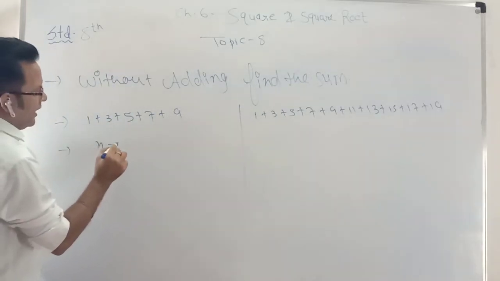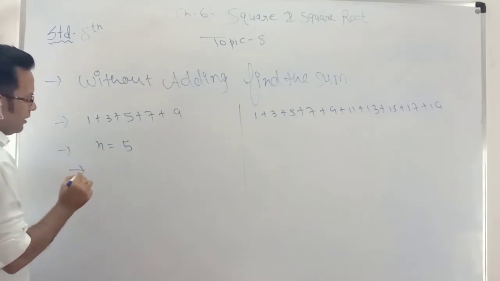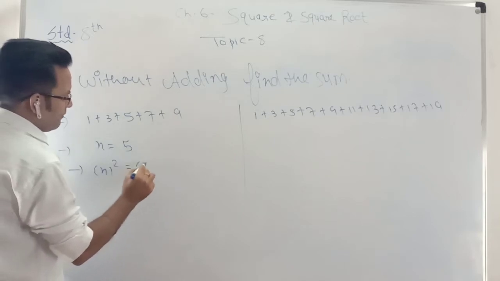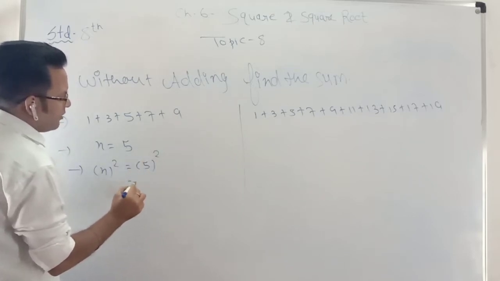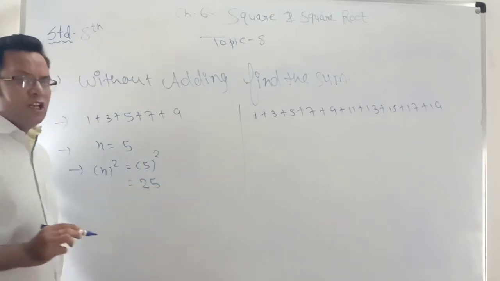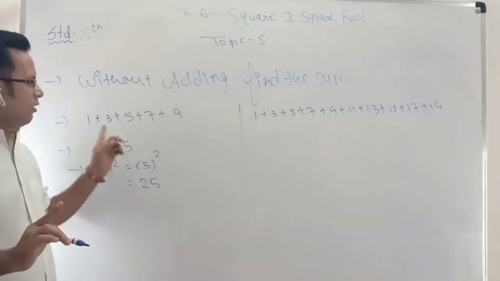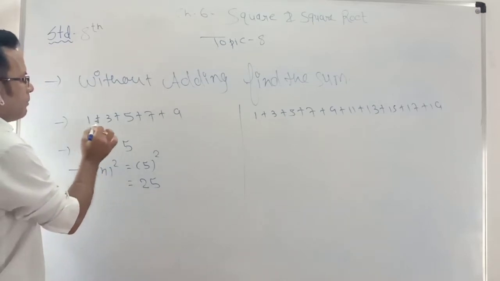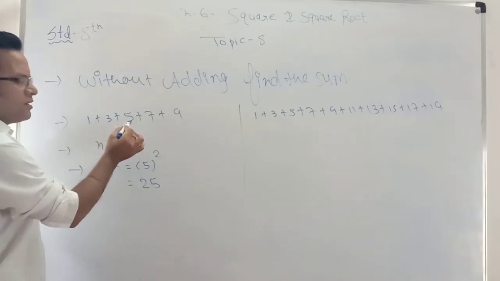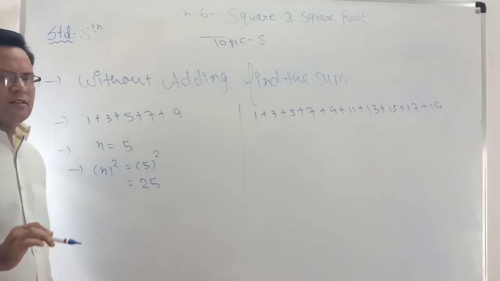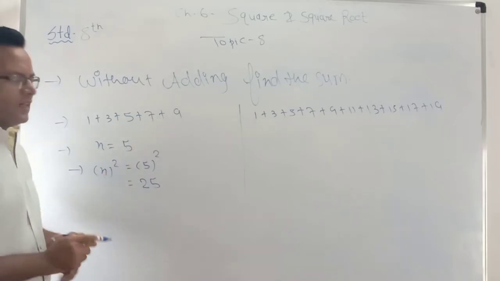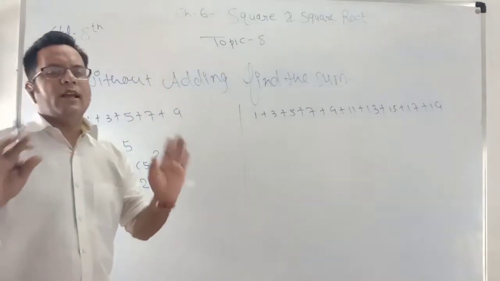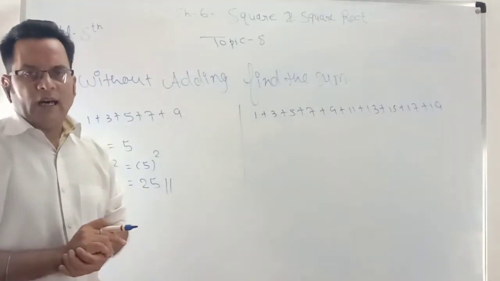So here your n is 5. So make square. N square means 5 square, and 5 square means 25. So when you make the sum of these numbers, it will be 25 only. 1 plus 3, 4; 4 plus 5, 9; 9 plus 7, 16; and 16 plus 9, 25. So you see here we are not adding and bringing the answer.